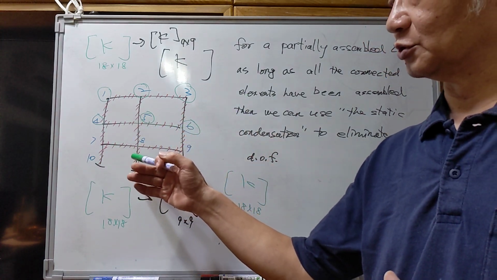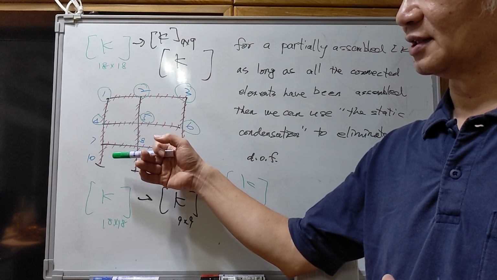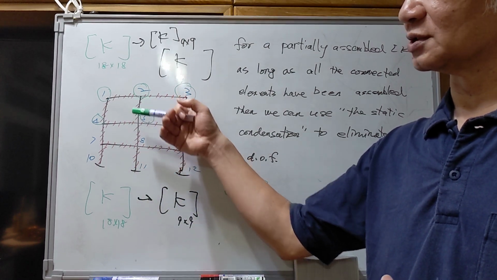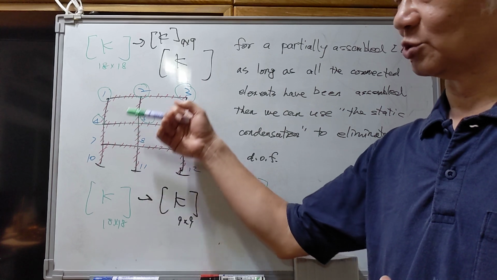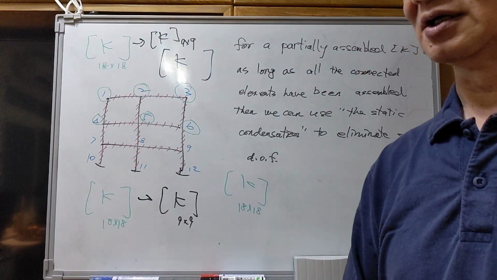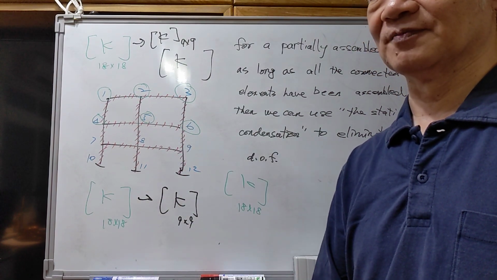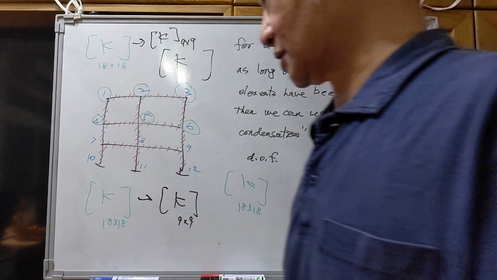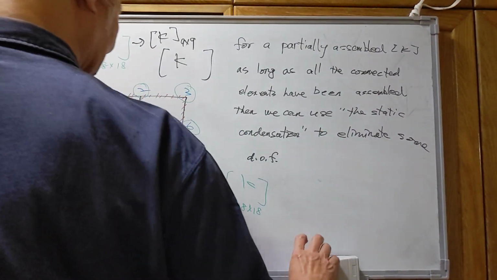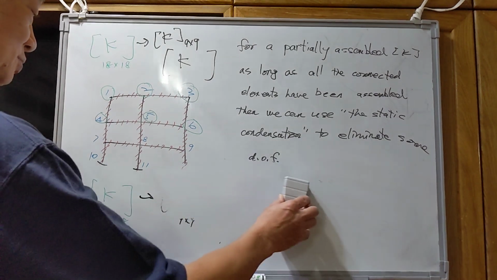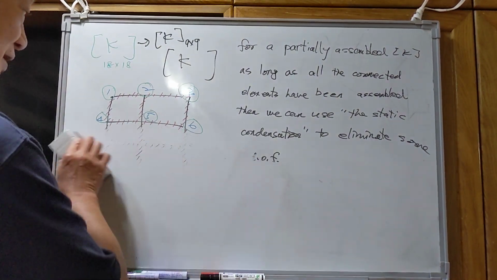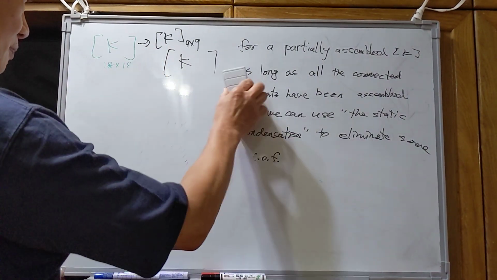After we solve the unknowns, we take the step backward, step by step, to solve the eliminated degrees of freedom. So that's one of the techniques we can use for static condensation.